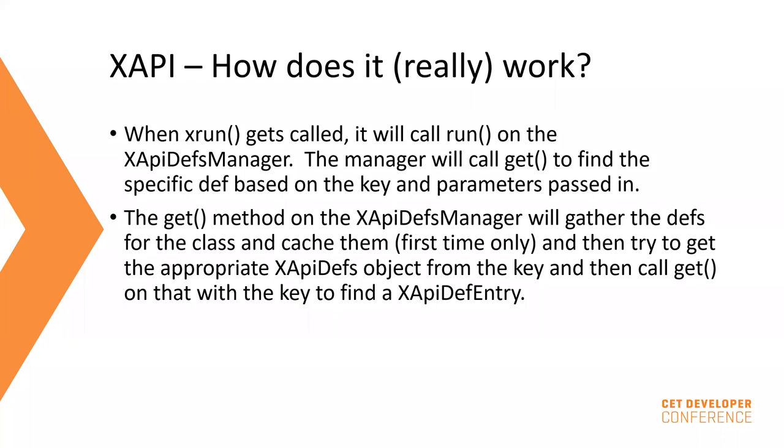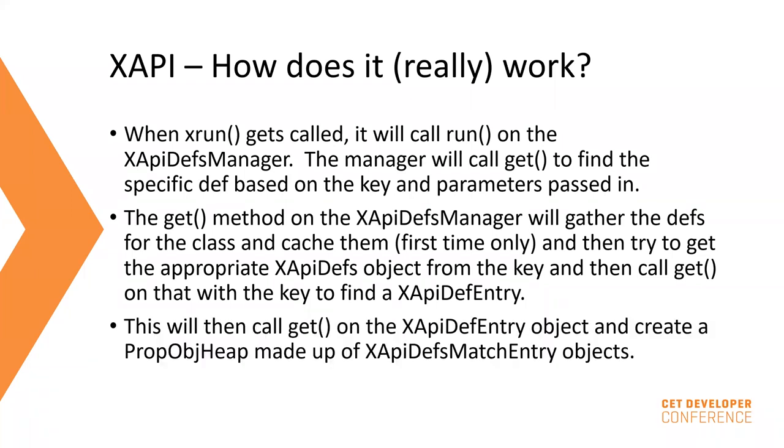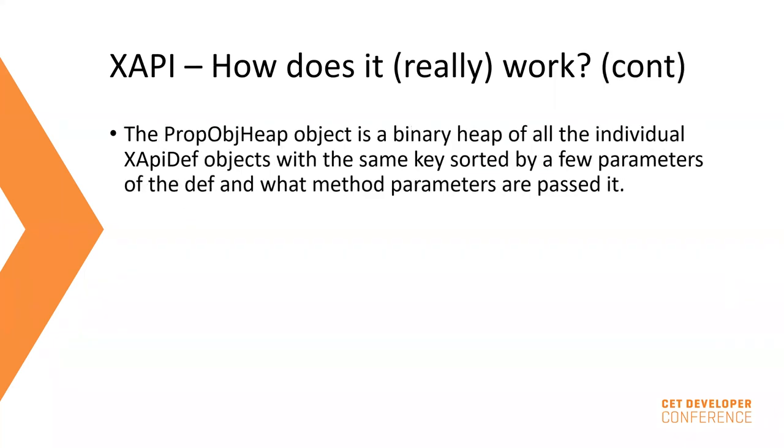And once it has that object, it will then call get on that object. Once it calls get on that object, it will create a prop obj heap made up of XAPI defs match entry objects. So the prop object heap is a binary heap of all the individual XAPI def objects with the same key sorted by some aspects of the def and the parameters passed into xrun.